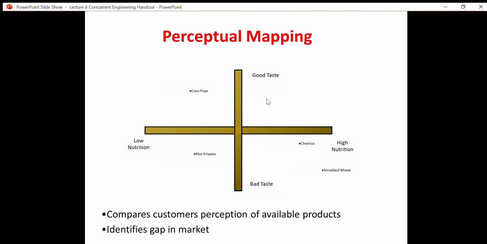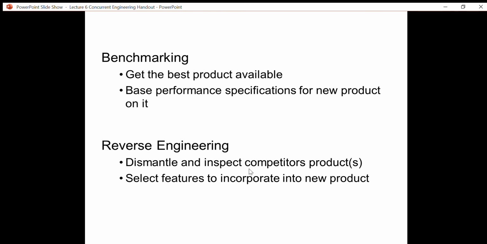We can do the mapping, see the actual products, and then set our own target from here. Benchmarking is very good because we can see the best product available in the market, and based on that we can benchmark their performance and their specification, and then set our new specification for our new products.